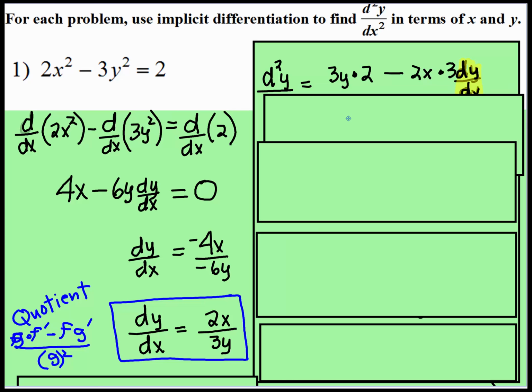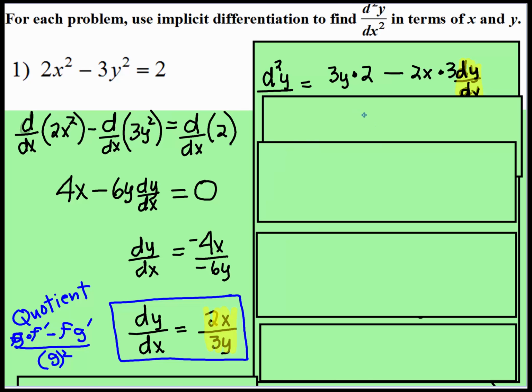So when we do the top part, here's g, here's the derivative of f, then here's f, here's the derivative of g. Now g has a y in it, so you tack on the dy/dx, and notice I highlighted it. It's because guess what? dy/dx, that's the value of dy/dx.